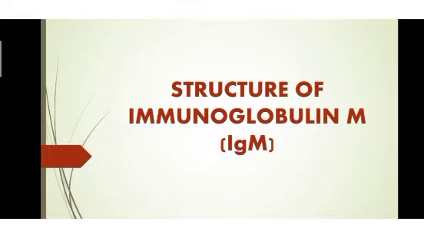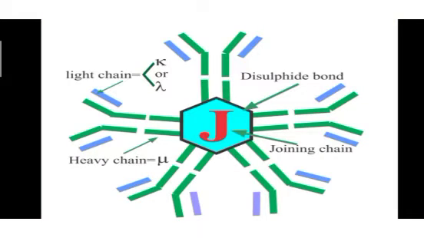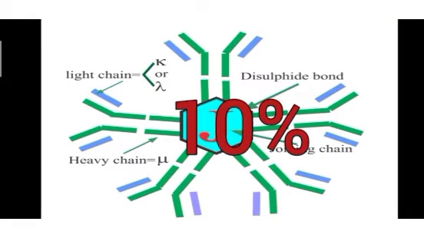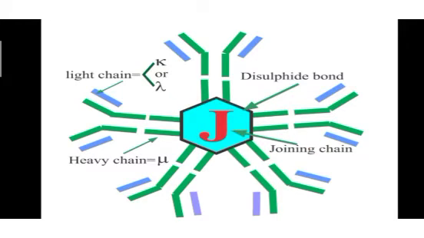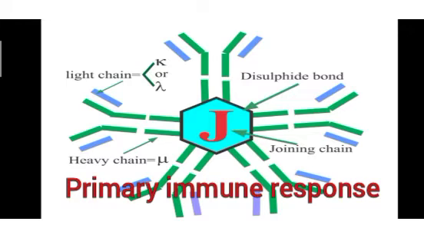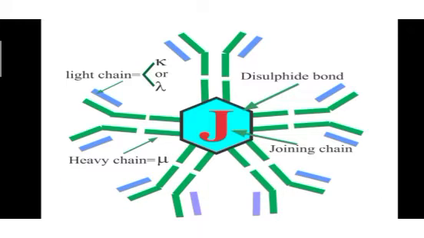Now I am going to talk about the structure of immunoglobulin M or IgM. Serum immunoglobulin M exists as a pentamer in mammals and comprises approximately 10% of normal human serum immunoglobulin content. It predominates in the primary immune response to most antigens and is the most efficient complement fixing immunoglobulin.